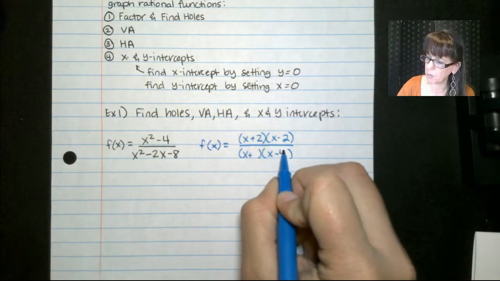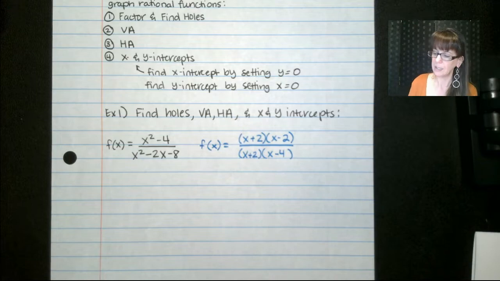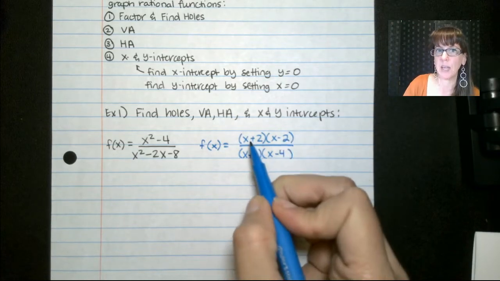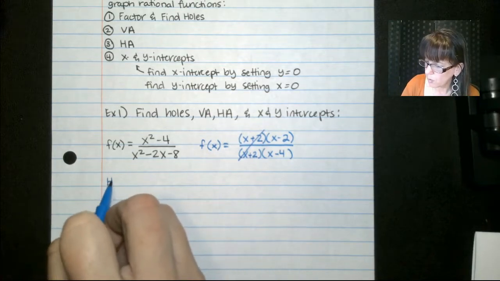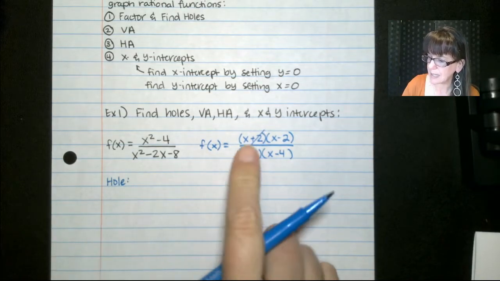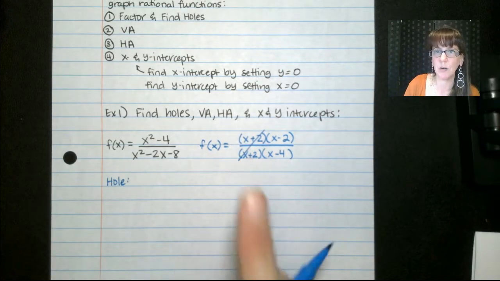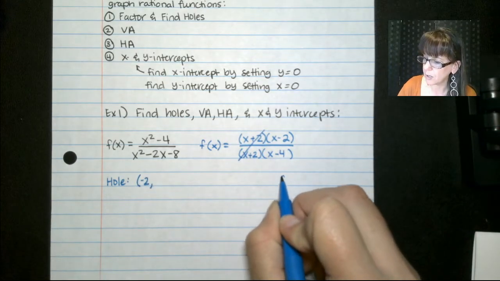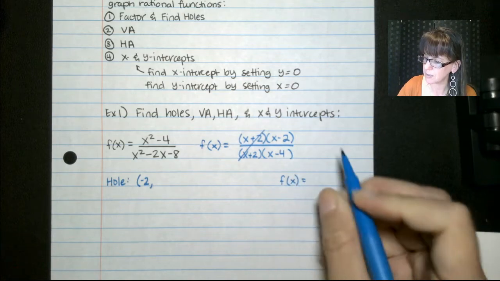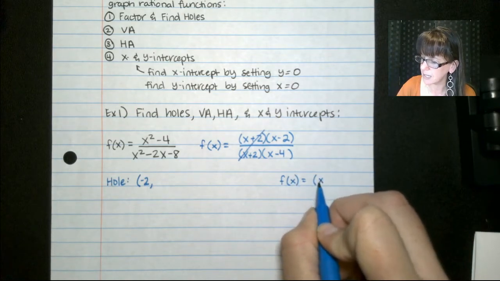I need -4, +2. Okay. So we have a hole here because we have something that we can cancel out. Now, let's write hole. What would make this factor equal 0? Definitely -2.